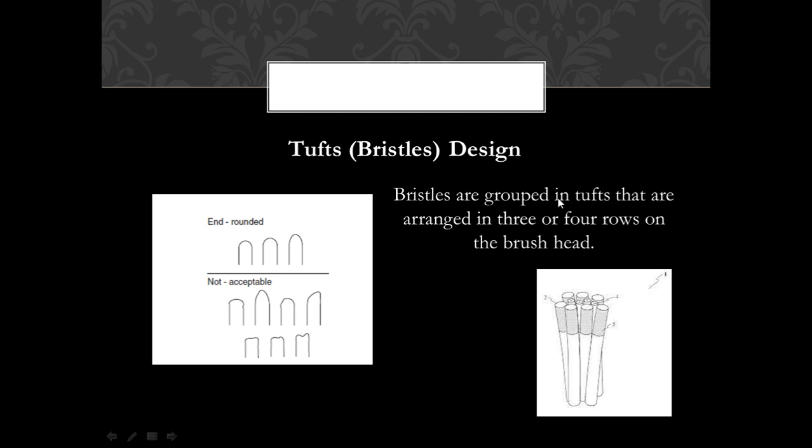The bristles are grouped in tufts that are arranged in three or four rows on the toothbrush, and the bristle end is very important. The bristle end should not have any sharp edges or irregularities. It should be rounded. That should be the exact design of a bristle in a toothbrush.